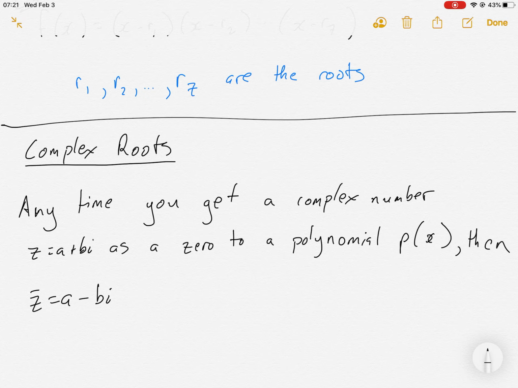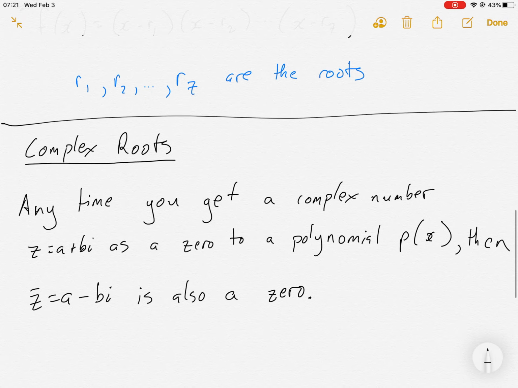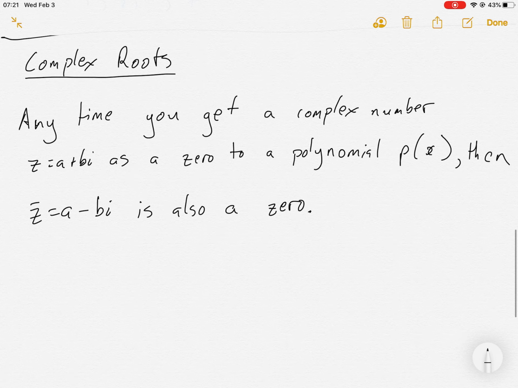But if you have a complex number as a 0, then its conjugate is also a 0. This is another big result.